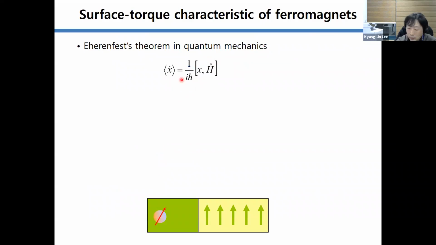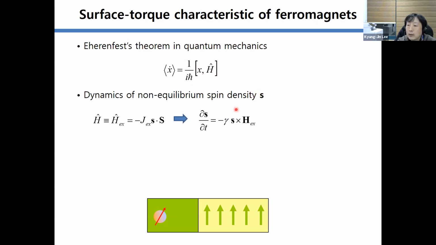So this is the same argument. The dynamics of any operator can be calculated from that operator and the commutation relation between that operator and the relevant Hamiltonian. In our case, X is S, the spin operator. And for the spin transport, this Hamiltonian is the sd exchange. Then we get this dynamic equation of motion in time.